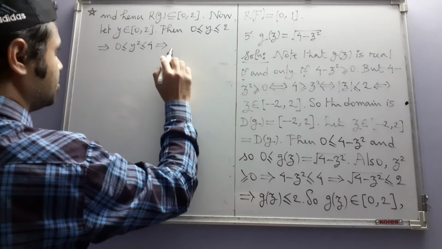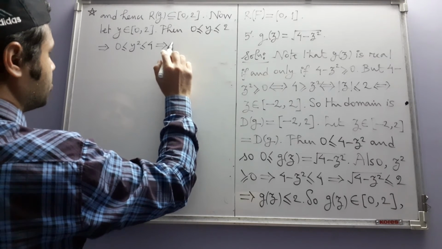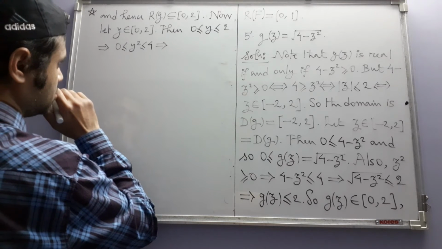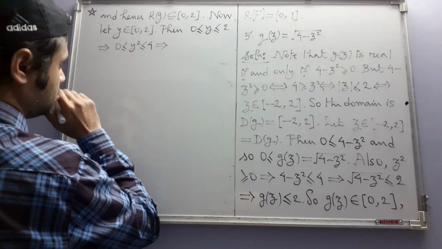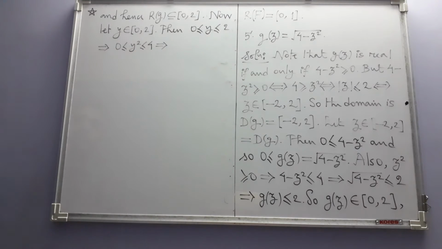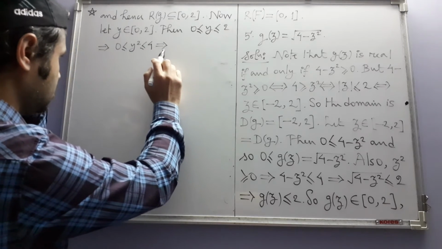That implies 4 minus y square. I know what is to be written here after this, but can we get everything from here itself directly?